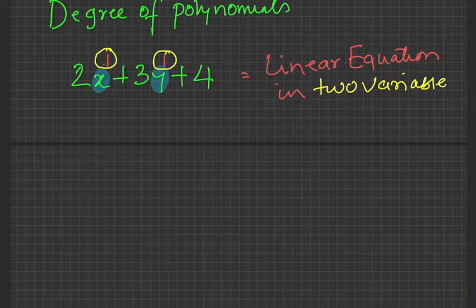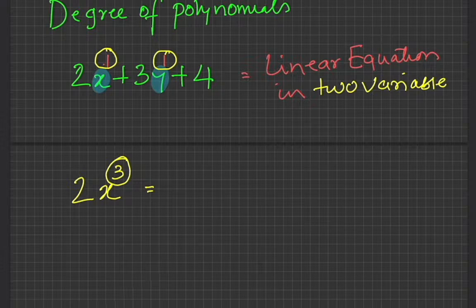Let's take another example. Let's say I have 2x to the power 3, or 2x cubed. So here the degree is 3, right? So the degree of the polynomial 2x cubed is actually 3.